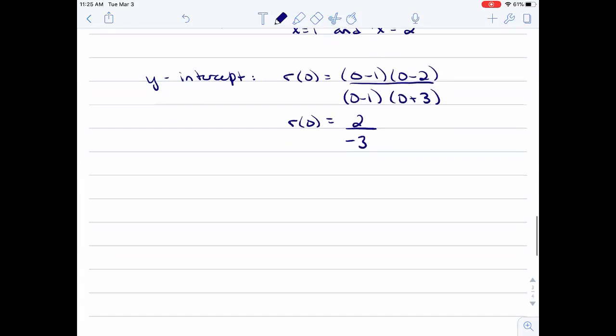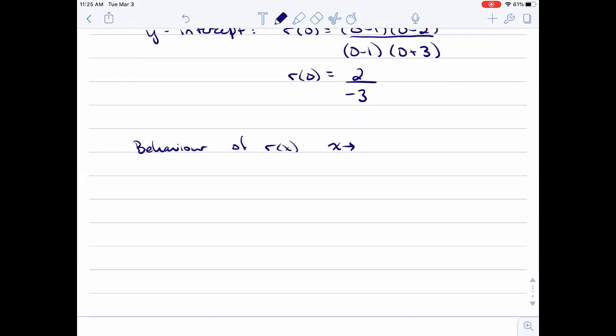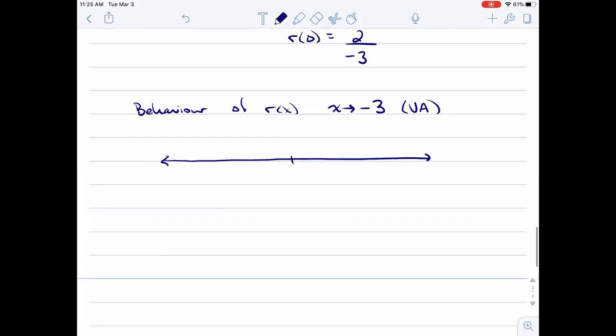Sure, let's do it. The behavior of r of x as x goes to negative 3, the vertical asymptote. So what I need to do, and you can use the table that's given, or sometimes it might be nice to just have it on a number line, because we're only concerned with negative 3 here.